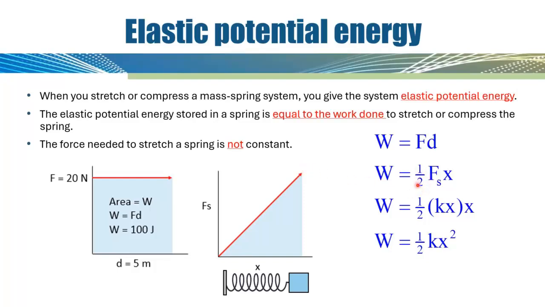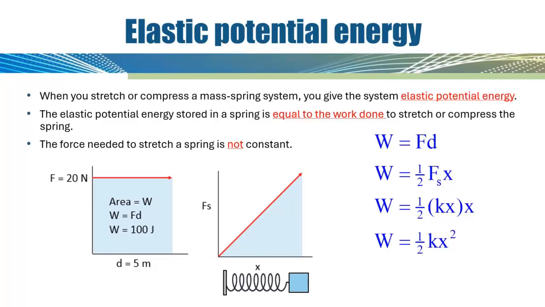So 1/2, the base is going to be x, how far we stretch it. And the height is going to be the restoring force needed to do that. So when we go to the next step, we know that the restoring force is equal to kx. So we replace the restoring force with kx, and we can see that the work done to stretch a spring is equal to 1/2 kx squared.